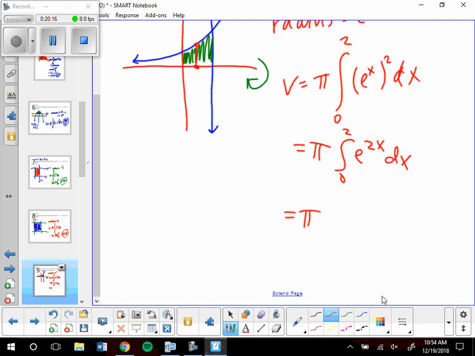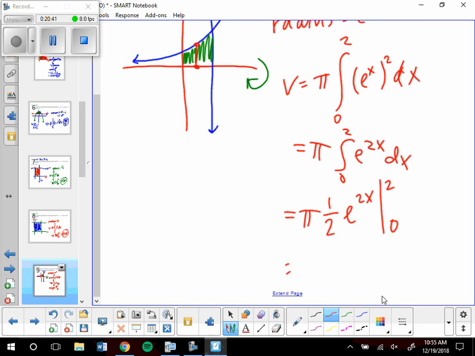What is the antiderivative of e to the 2x? 1/2 e to the 2x. Why is it 1/2? Because you're anti-differentiating. Your inner function is 2x, so du is 2. You have to multiply by 1/2. So it's pi times 1/2 e to the 2x, plugging in 2 and 0.